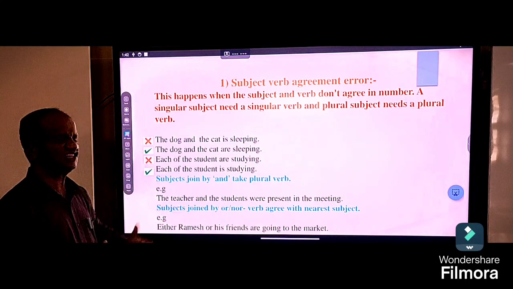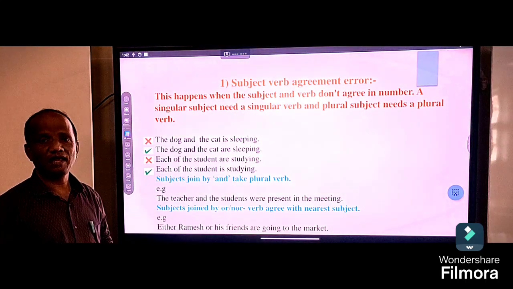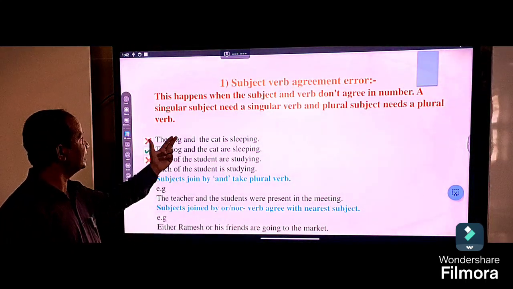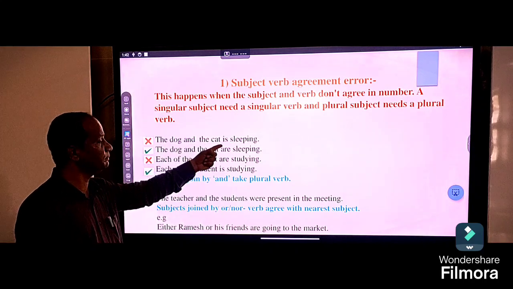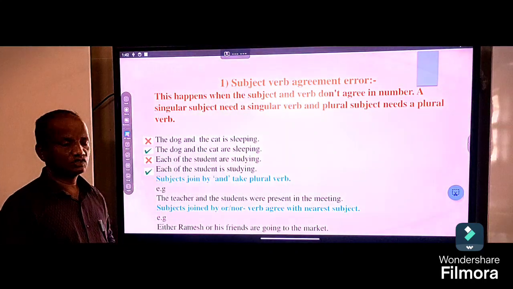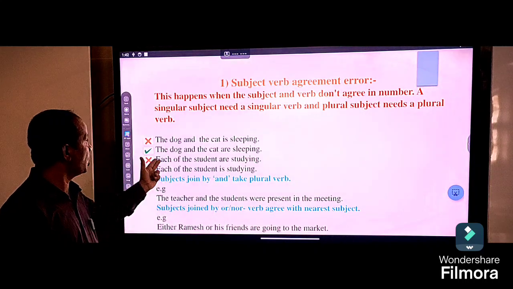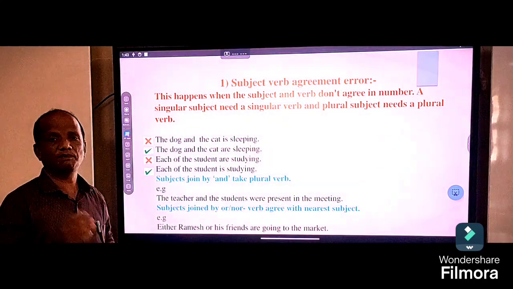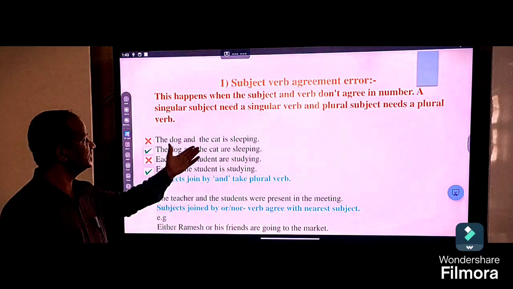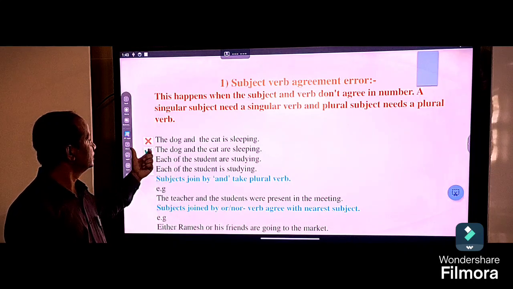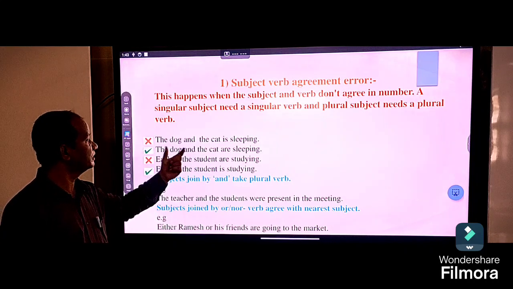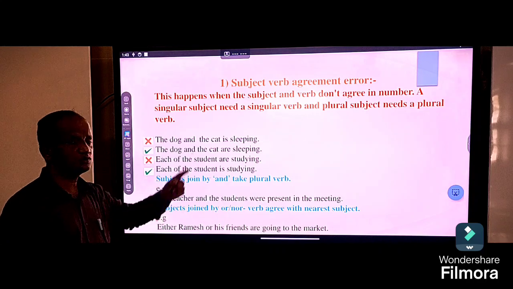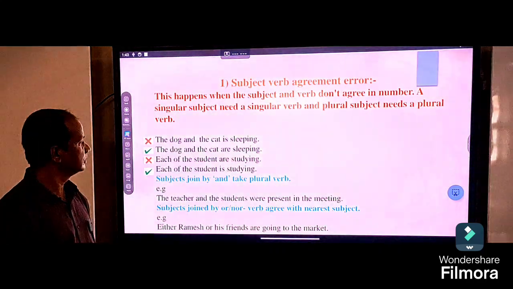It is an incorrect statement. Why? Because the dog and the cat, the subject is plural, so the verb should be a plural verb. So the correct statement will be: the dog and the cat are sleeping. We have turned is into are because the subject is plural, and our rule says that if our subject is plural, the verb should be a plural verb.